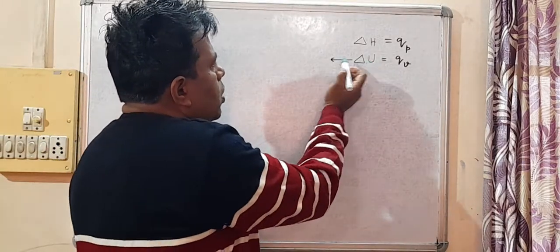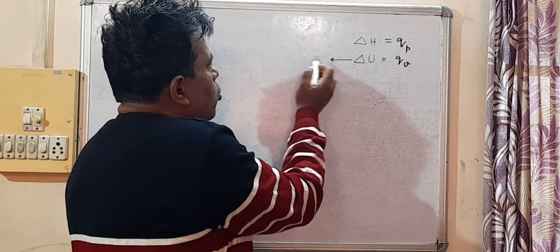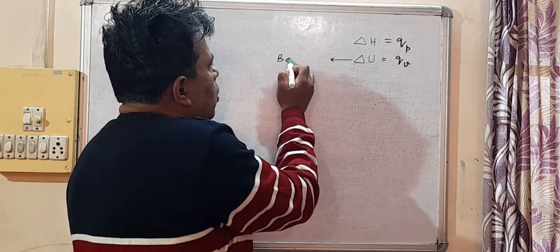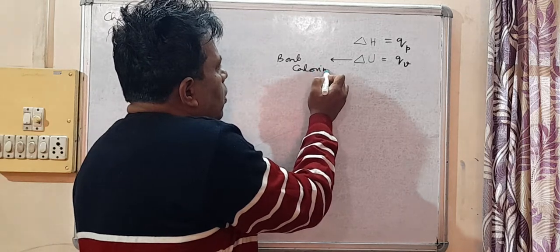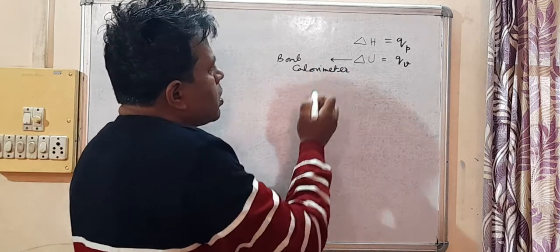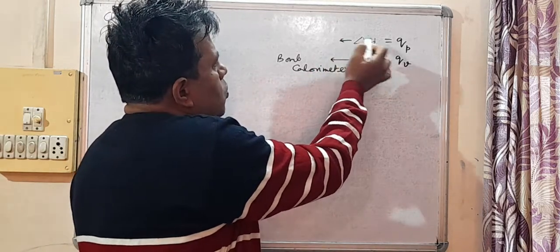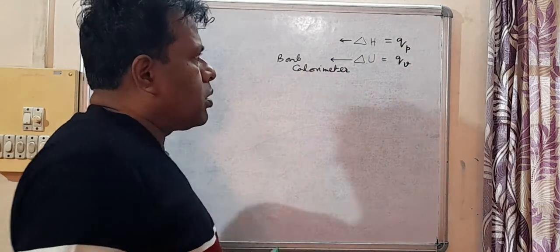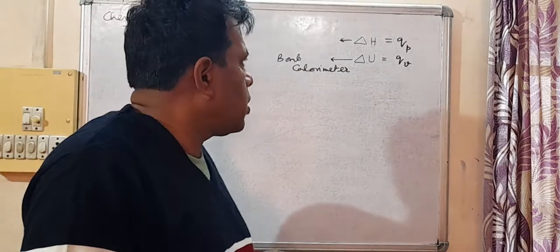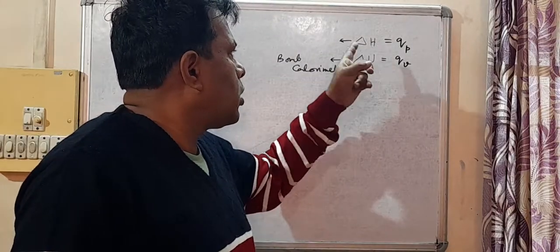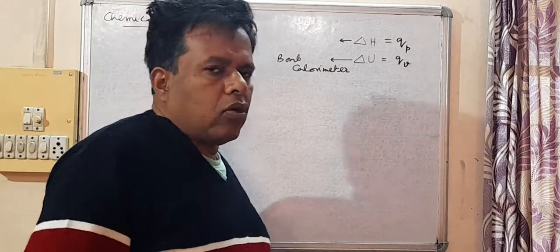This in particular is measured in a calorimeter which is called a bomb calorimeter. And this also is measured in a calorimeter. So we can experimentally determine delta H and delta U by calorimeter.